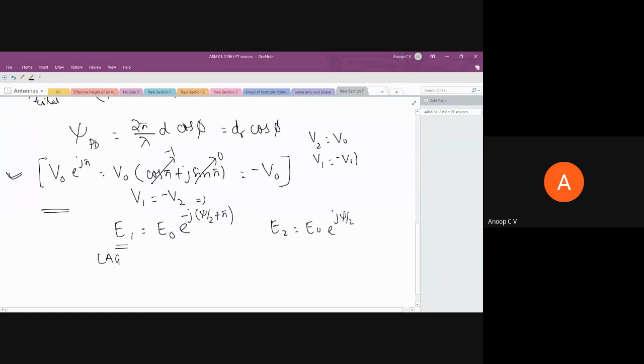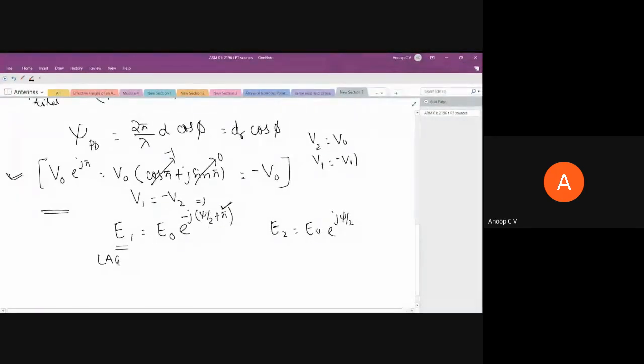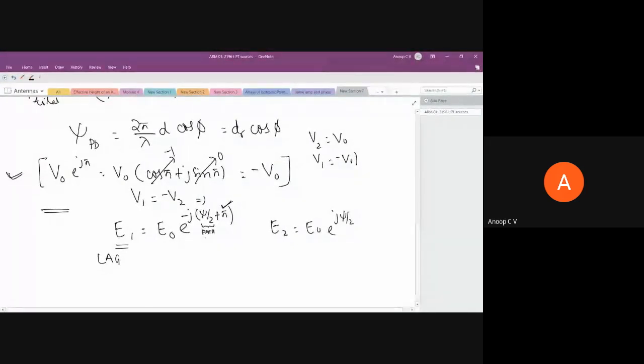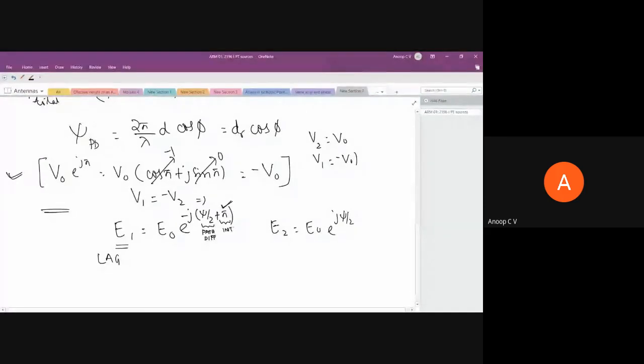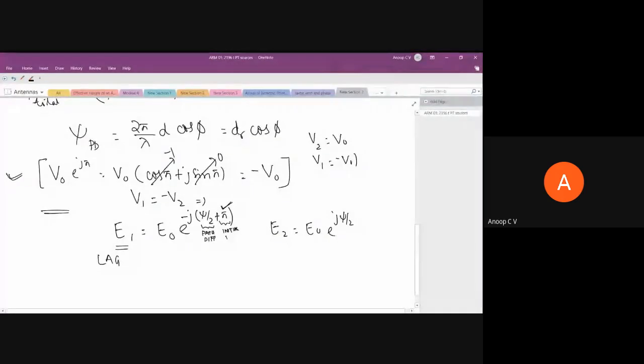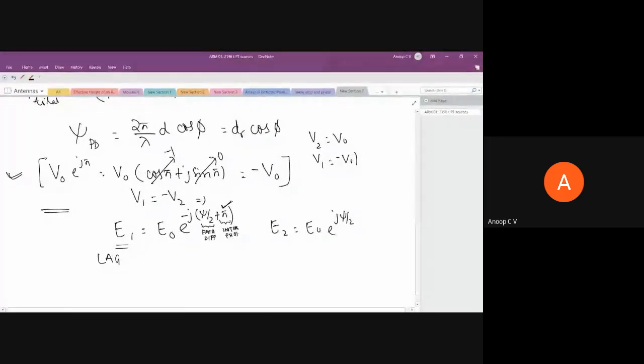And apart from that, there is an additional phase offset. This psi by 2 is due to path difference, and it is lagging, so it is minus j psi by 2. Apart from that, there is an initial phase offset of excitation.